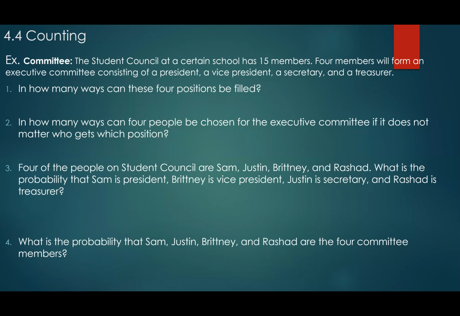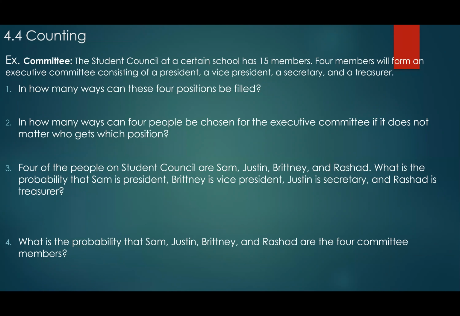In this sense, you can see that number 1 and number 2 are very identical to the previous item, but in number 2, they tell you that for the committee members, the order does not matter, right? So if they spell it out, that the order doesn't matter, we know that it's a combination.